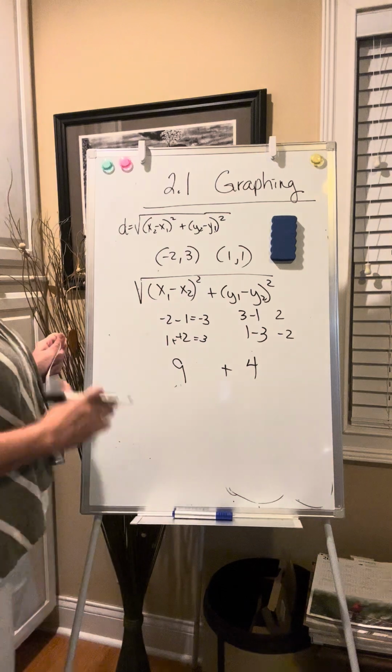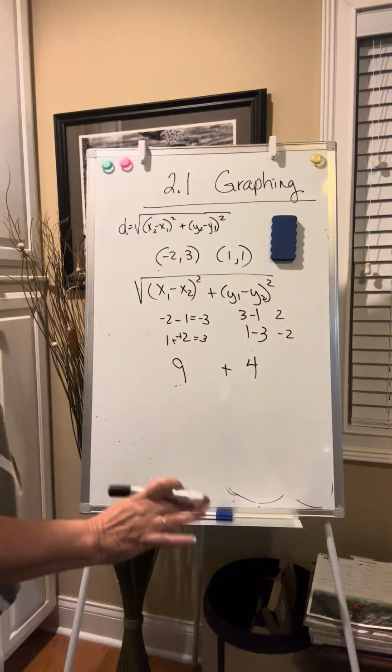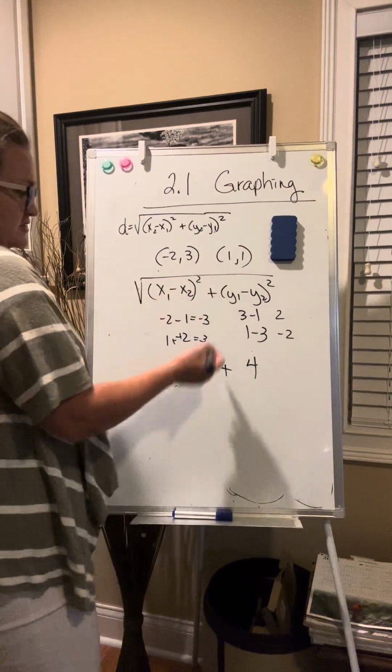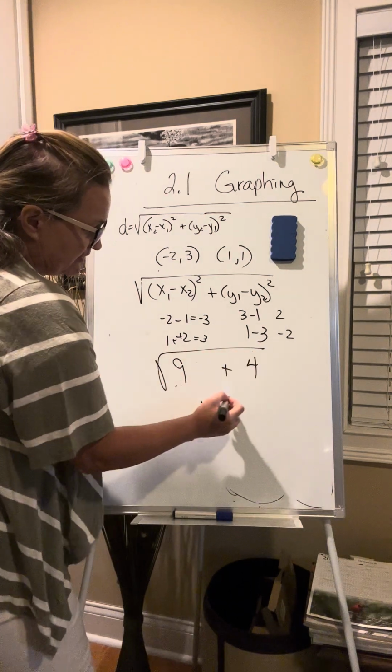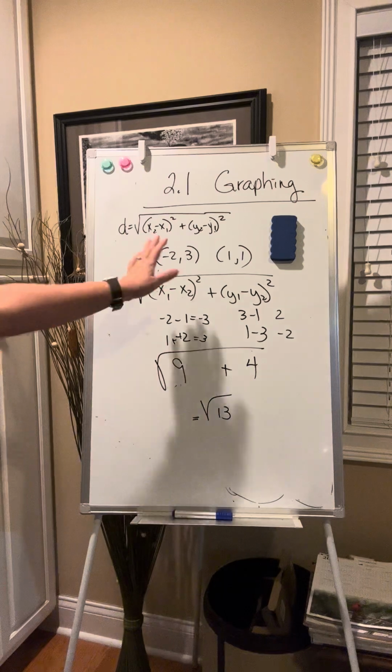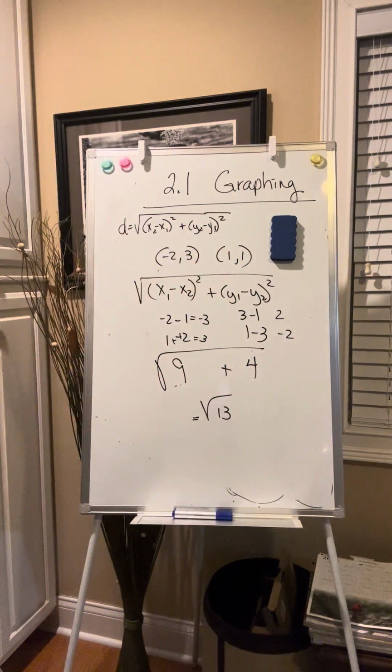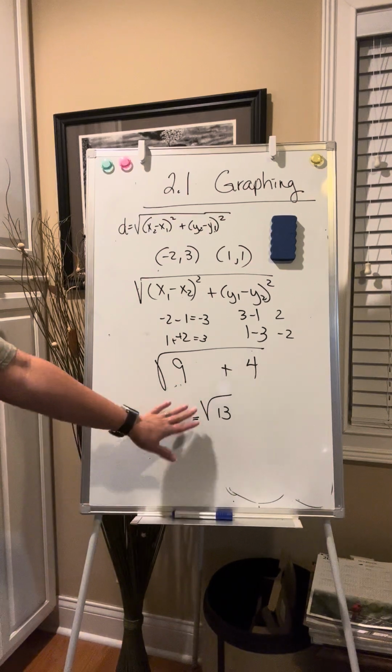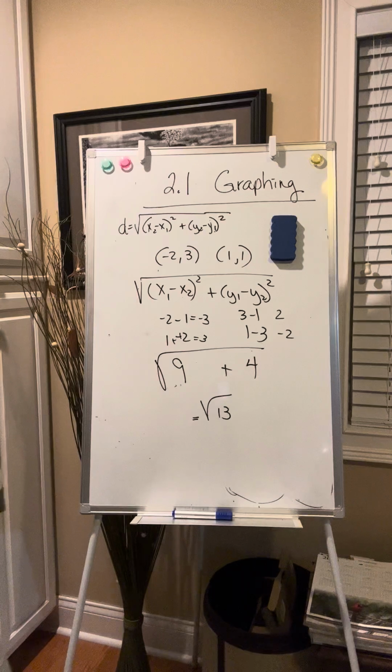So either way you subtract, on this particular formula, it does not matter because of the squaring. So for a final answer, the square root of 13. The distance between this point and this point is a little less than 4, it'd be 3 point something. We could get a decimal approximation, but we usually leave it. That's the exact algebraic answer.